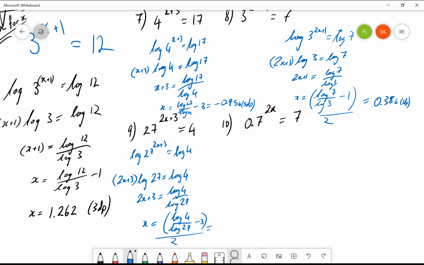And that in my calculator gives me log 4, log 27, subtract 3, divided by 2.